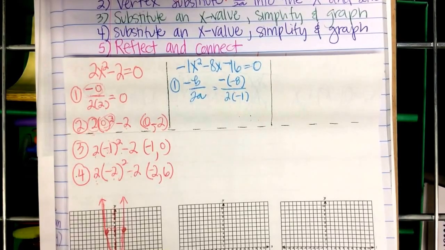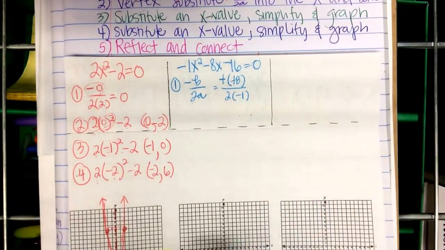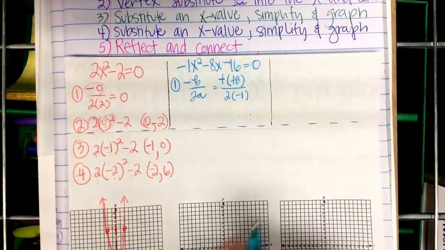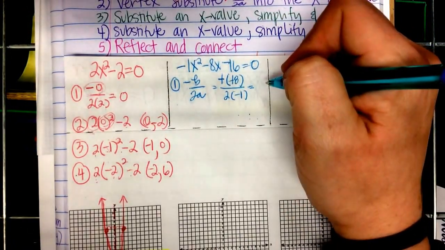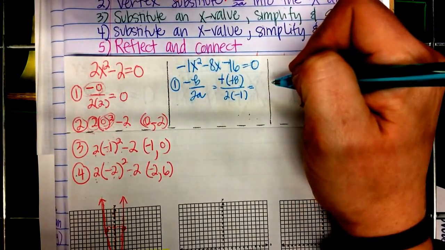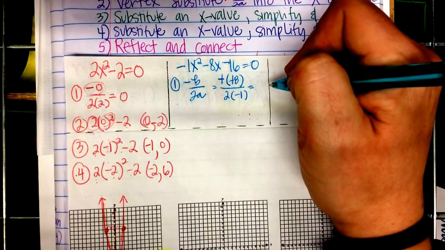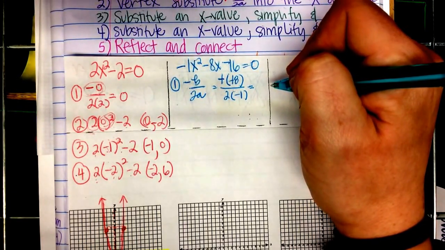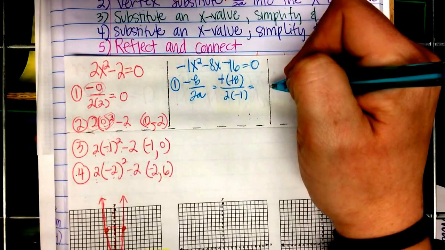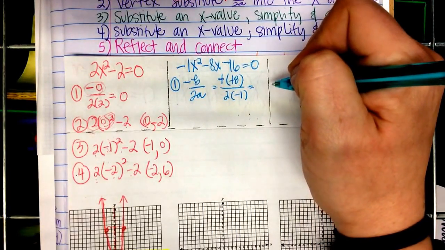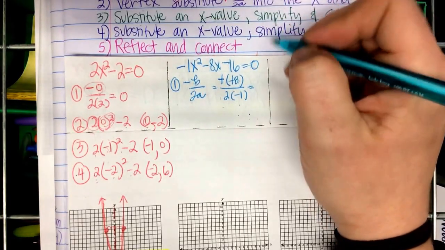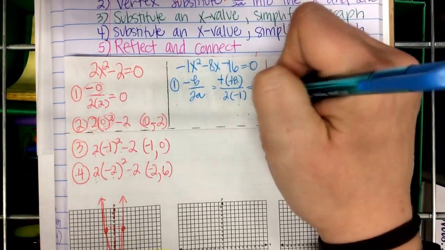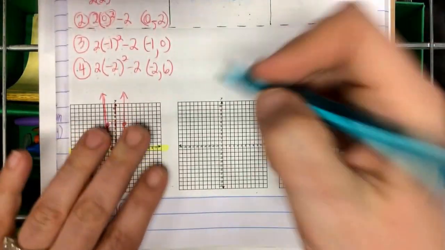Negative 8 changes to positive 8. What's 8 divided by negative 2? Negative 4. That's our axis of symmetry.